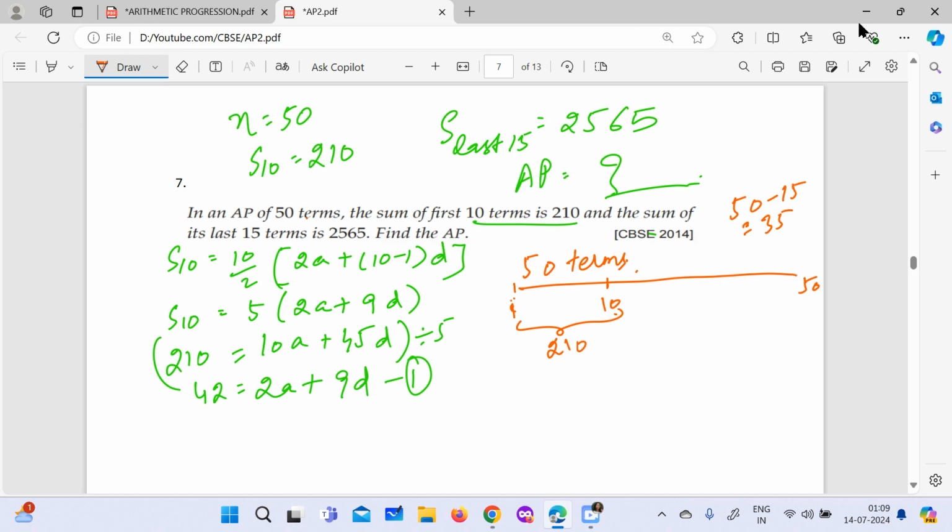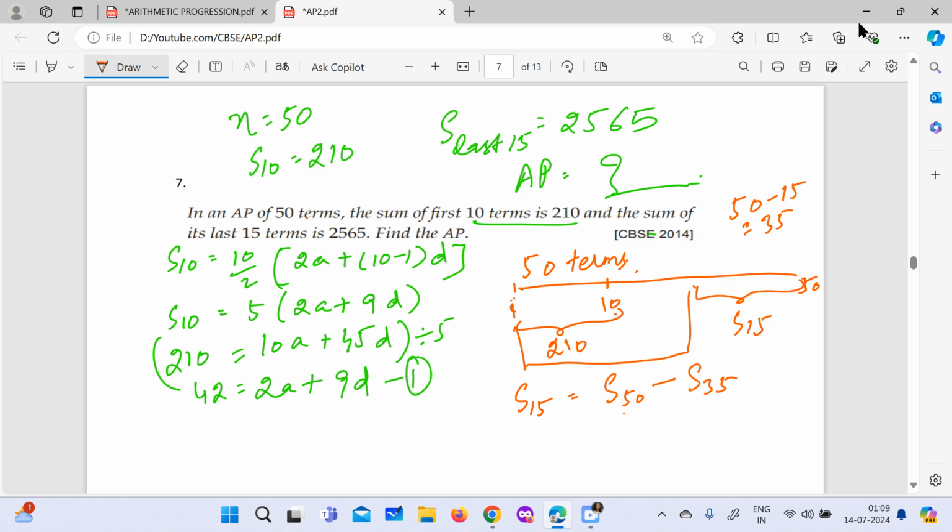Apart from these 35, the rest of the portion is making your 15, the sum of last 15 terms. So can we say it like this? Sum of 50 terms minus sum of 35 terms will give you the sum of last 15 terms.